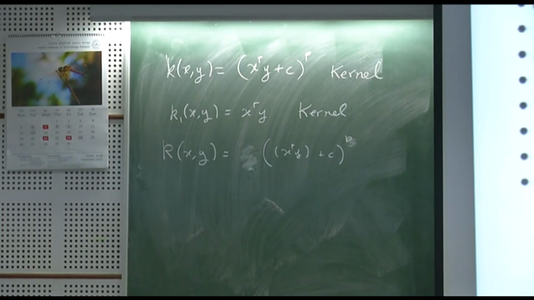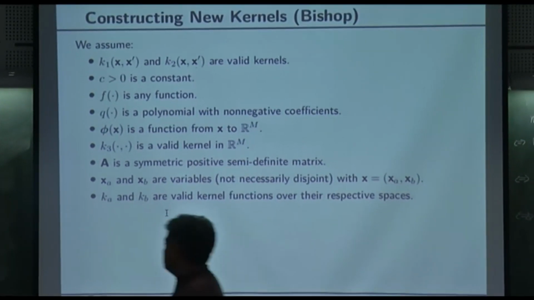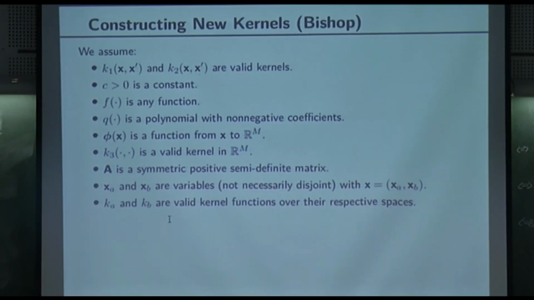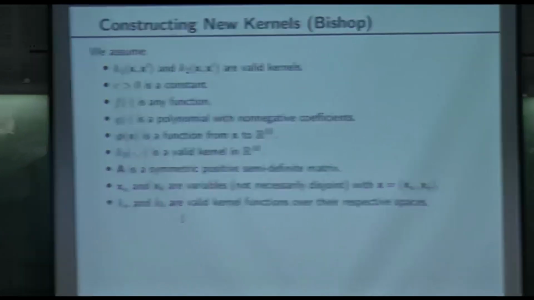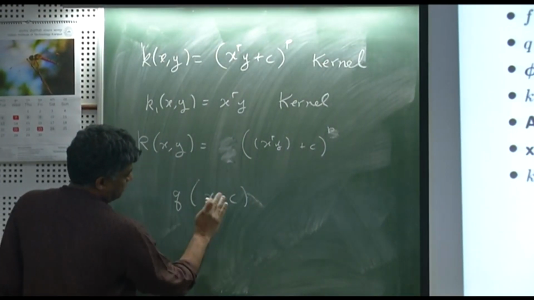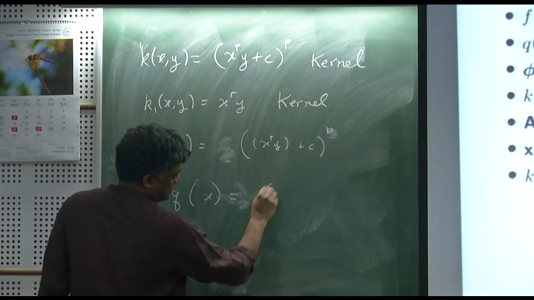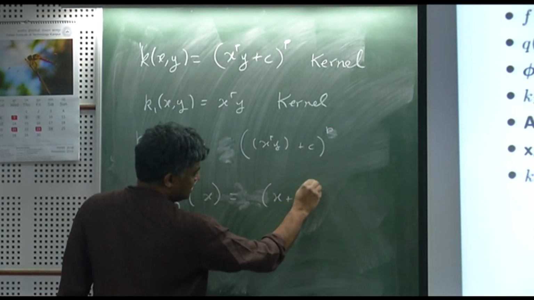Let's go back. It is a polynomial with non-negative coefficients. So q of x is defined as (x + c) to the power p.